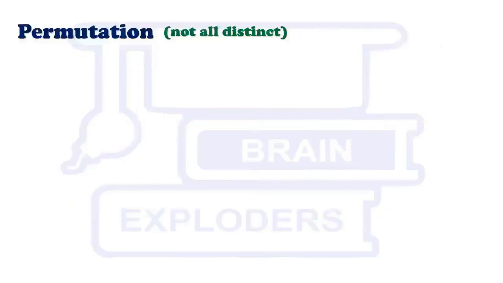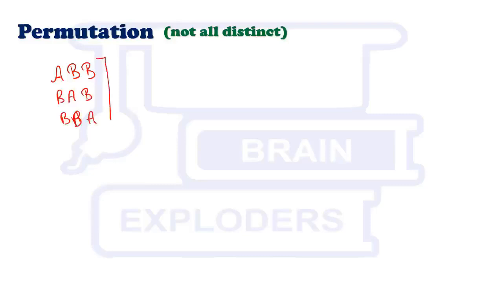Now let us see the permutations of objects in which all are not distinct, meaning some of them are identical, like A, B, B. Here if we find the permutations of A, B, B, then A, B, B is one permutation, B, A, B is another permutation, and B, B, A is the third permutation, and that's it.